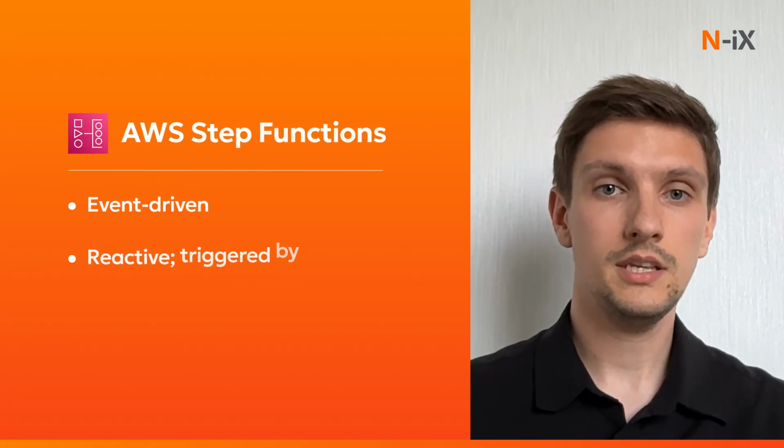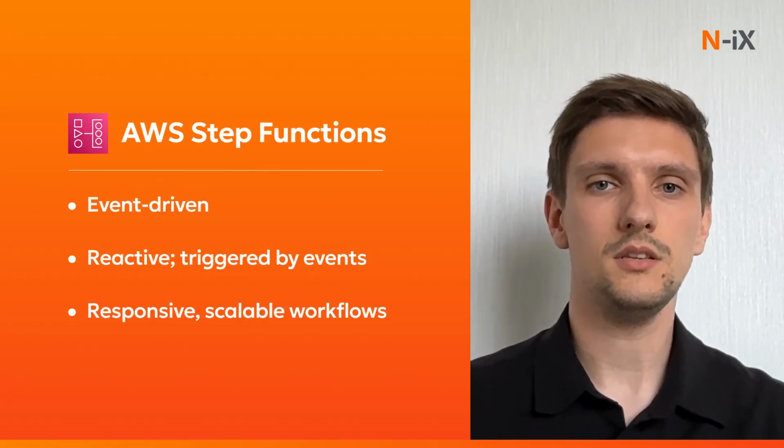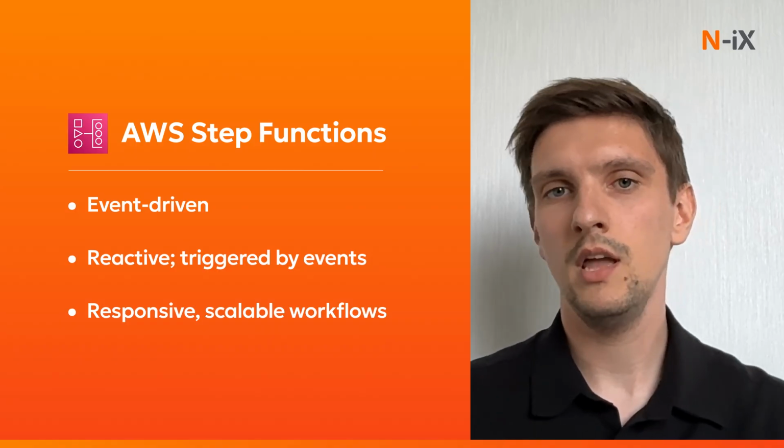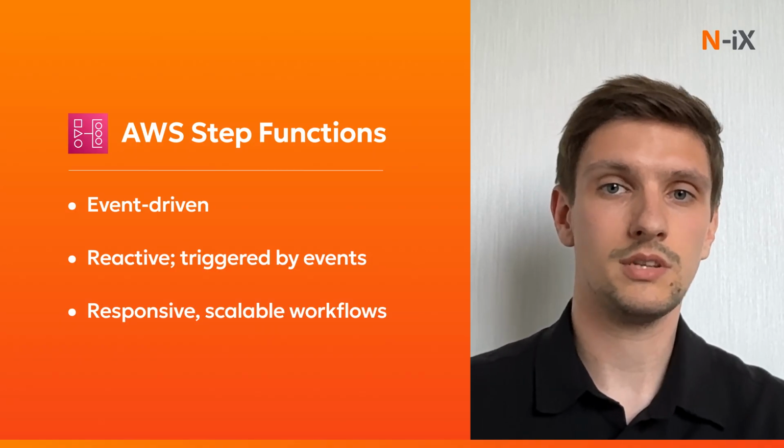That's the core question, and it really comes down to event-driven versus time-driven workflows. Step Functions excels in event-driven serverless architectures. Think of a pipeline that needs to react instantly to something happening in your AWS environment. For example, a file lands in S3, a database record changes, or a user signs up.